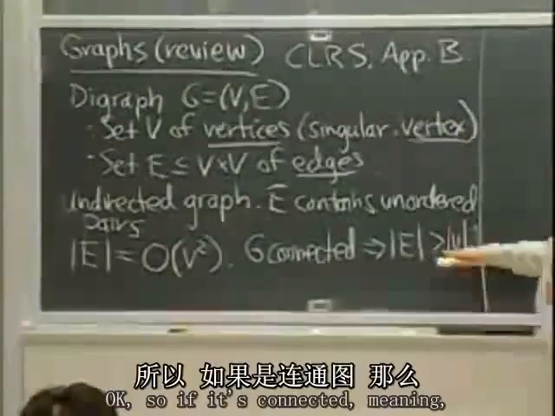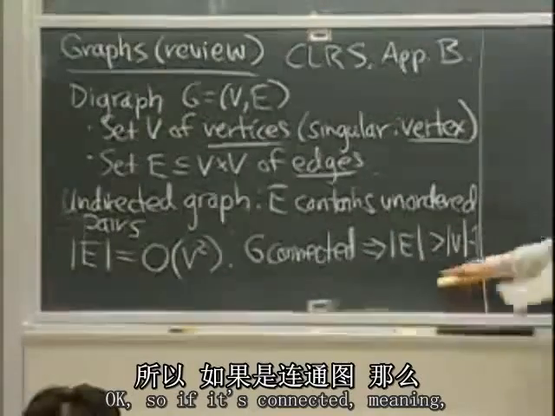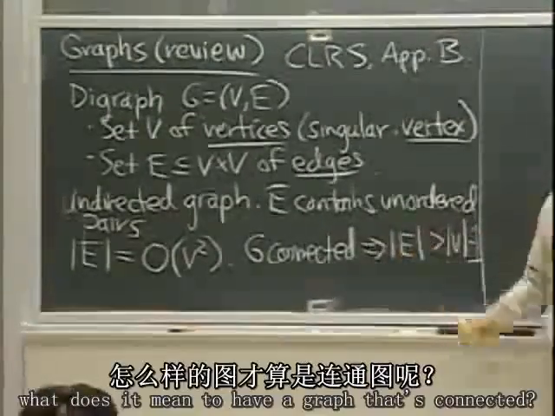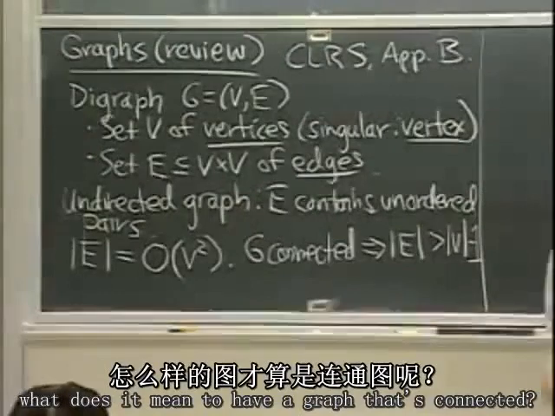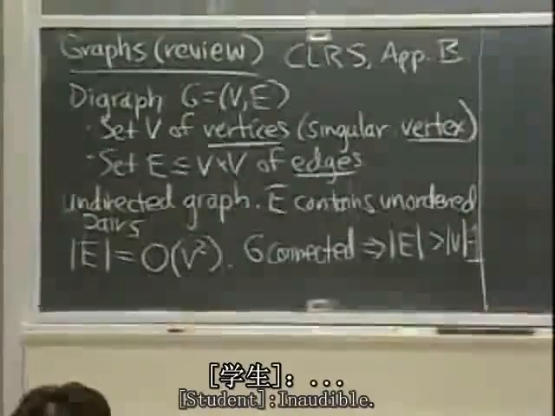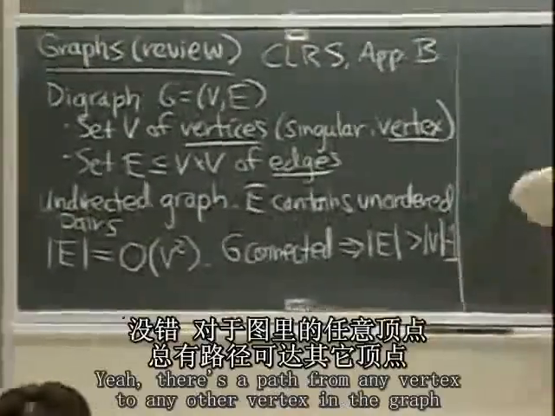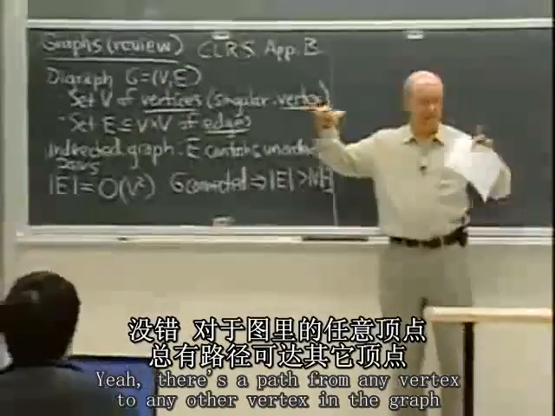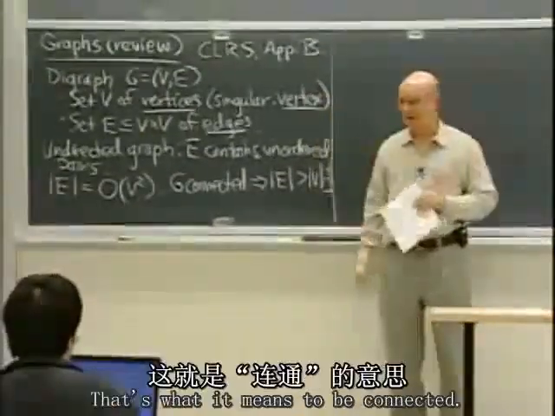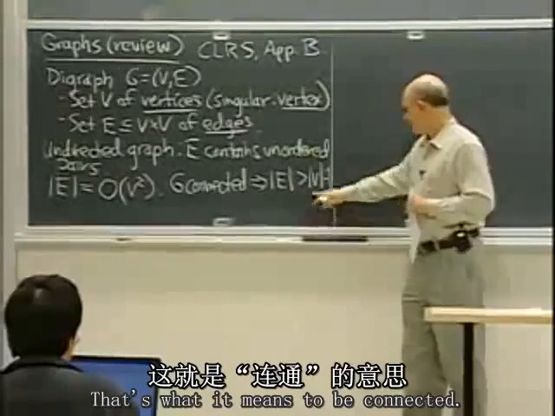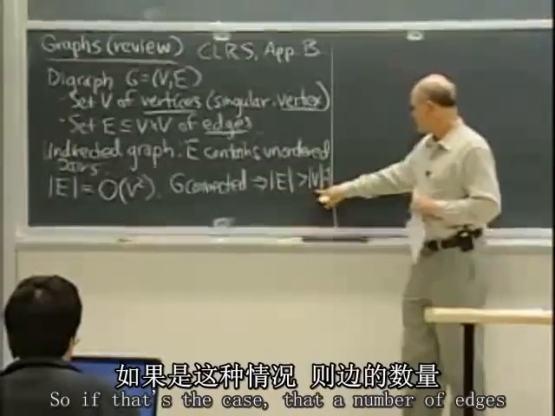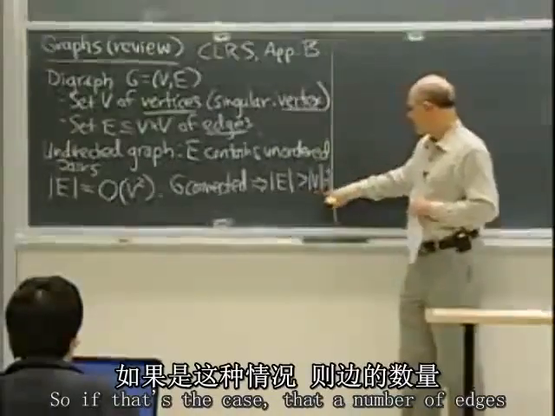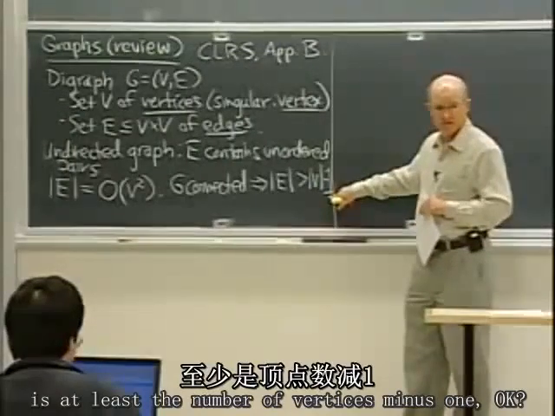Okay? So if it's connected, meaning, what does it mean to have a graph that's connected? Yeah, there's a path from any vertex to any other vertex in the graph. That's what it means to be connected. So if that's the case, then the number of edges is at least the number of vertices minus 1.